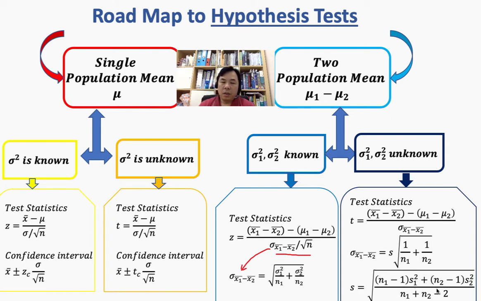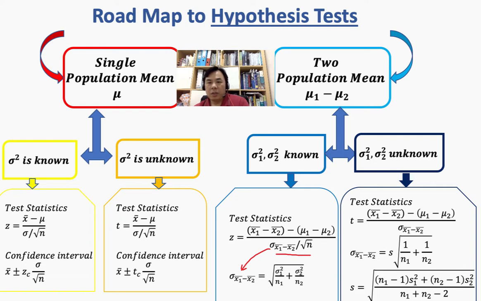This is the combination of the sample standard deviations, making the assumption that both sample variances were drawn from populations having the same standard deviation or variance.